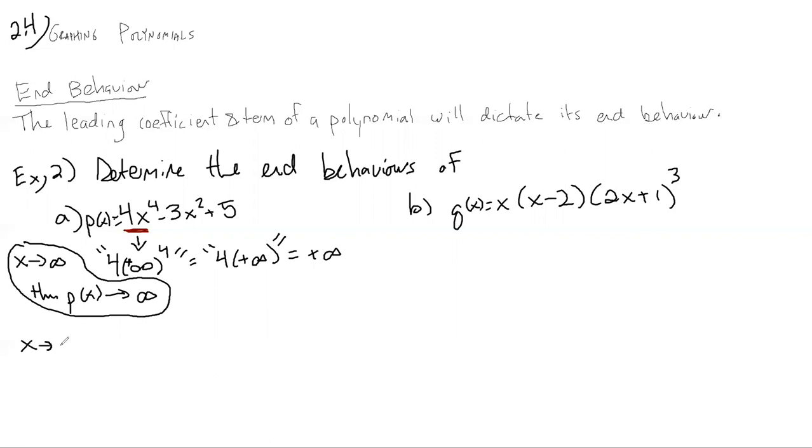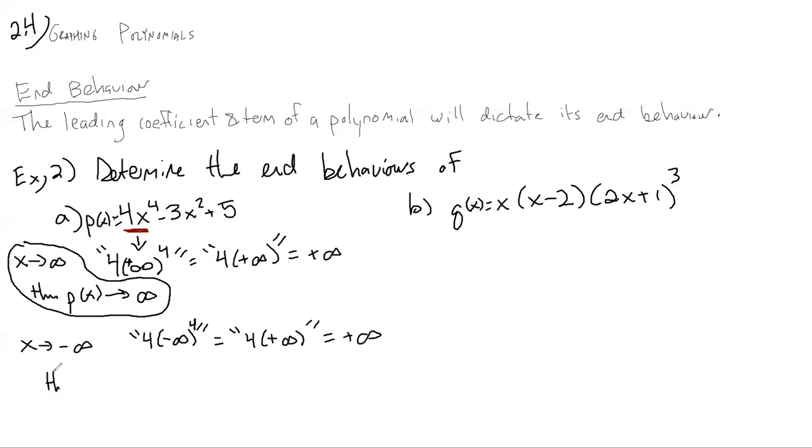And if x is going to negative infinity, again, we'll just look at that first leading term. 4 times a negative large number to the 4. Now that negative is going to get sort of squared away because of the even power. So that'll become a positive, and that will also go to positive infinity.